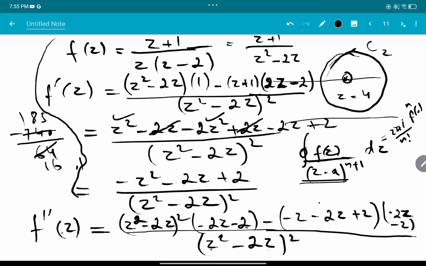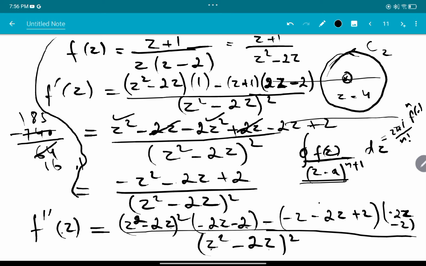What else do I have to do? I have to write here this value, whatever I got, into 2 pi i by n factorial. n is 2, so 2 factorial and 2 will go, and you will get this value. This much you can do yourself.